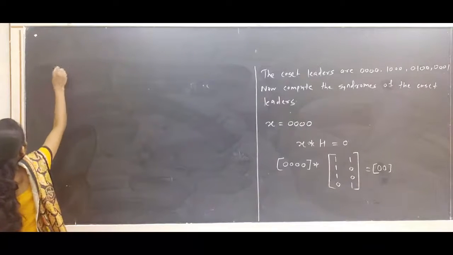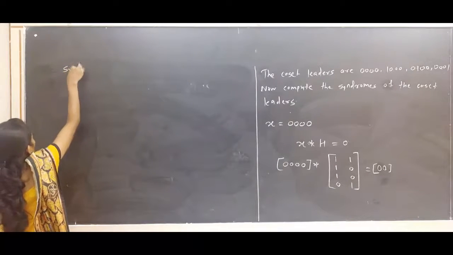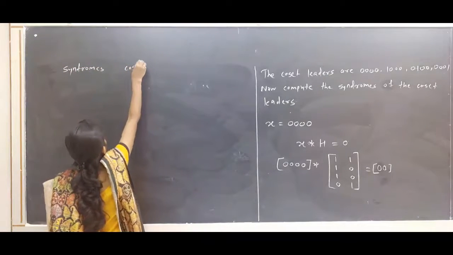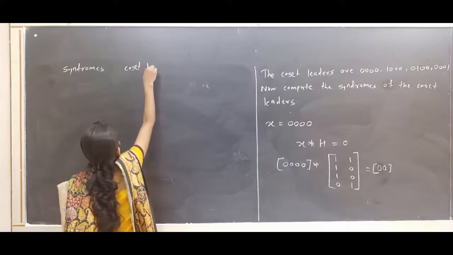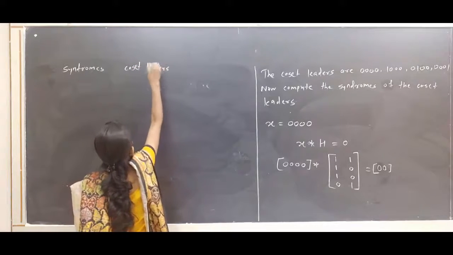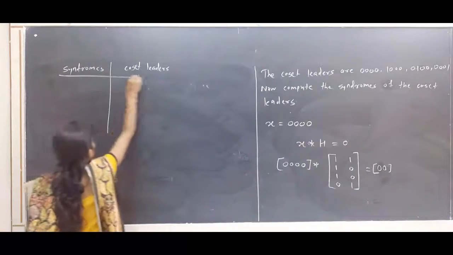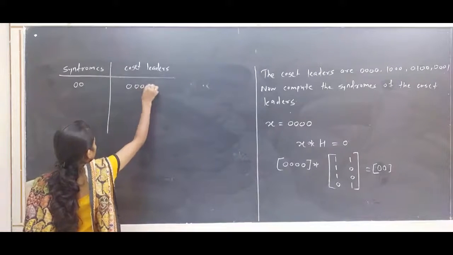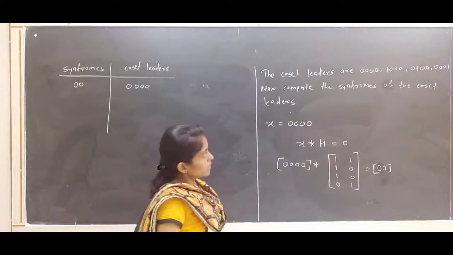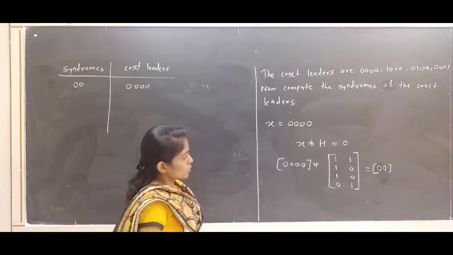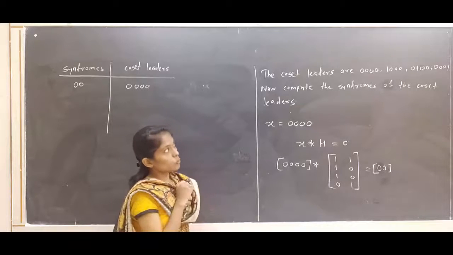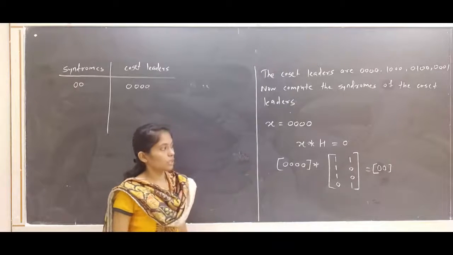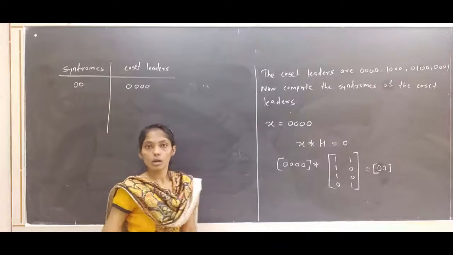Therefore we get the table of syndromes and coset leaders. Now if we take the coset leader 1 0 0 0, so X equals 1 0 0 0, and then do the calculation, we get syndrome 1 1.